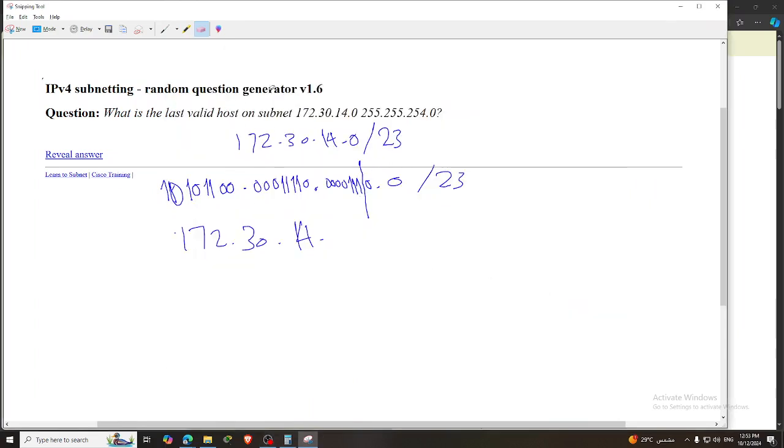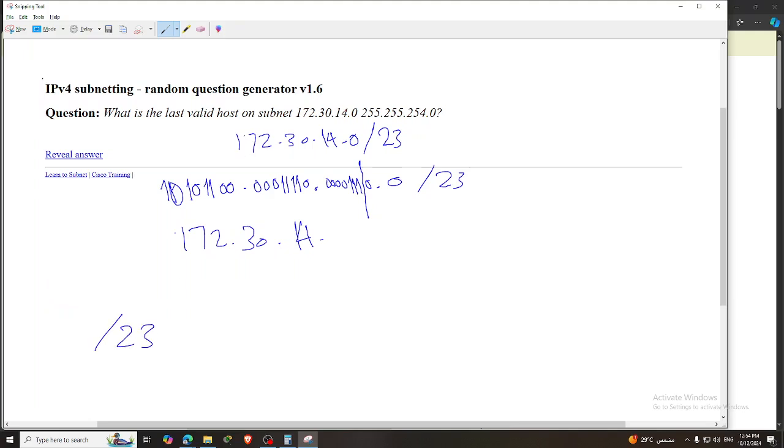Actually, in order to solve this question, first of all, we will have to know what is the increment number for this subnet. In this subnet, we have borrowed 7 bits. And if anyone asked how did I know we borrowed 7 bits, here our prefix length is /23.